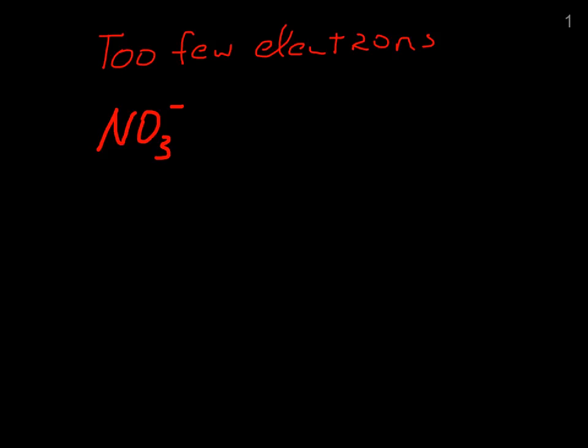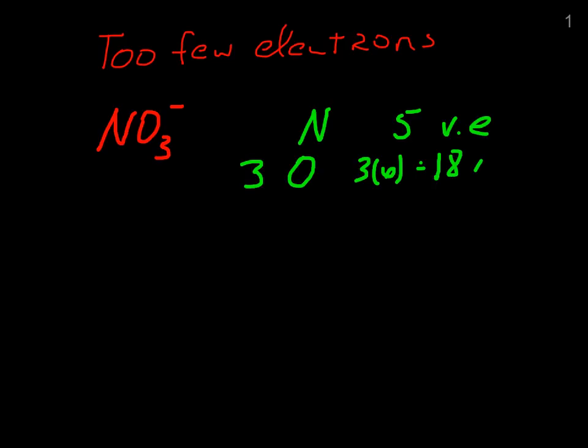The first thing I want to do is count the valence electrons. So nitrogen has 5 valence electrons. Oxygen has 6, so there are 3 oxygens, so it's going to be 3 times 6, which is 18 valence electrons.